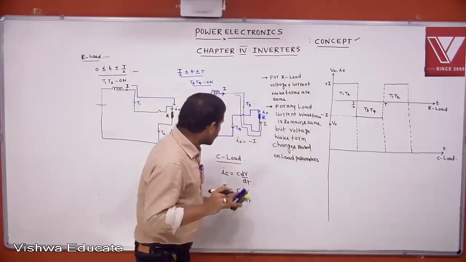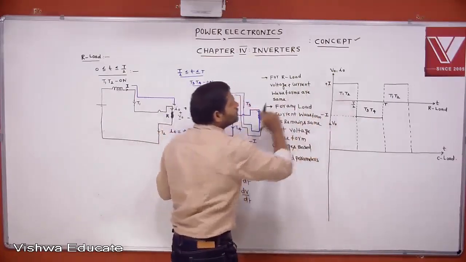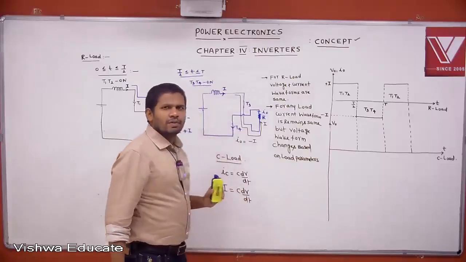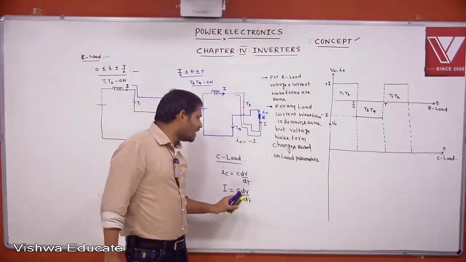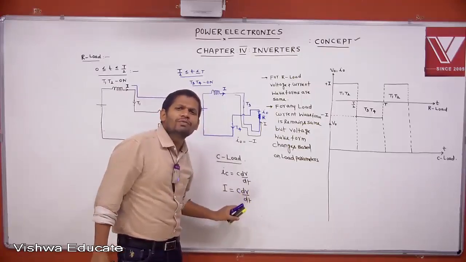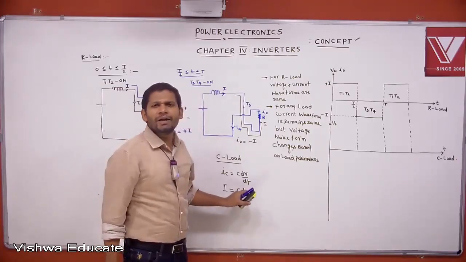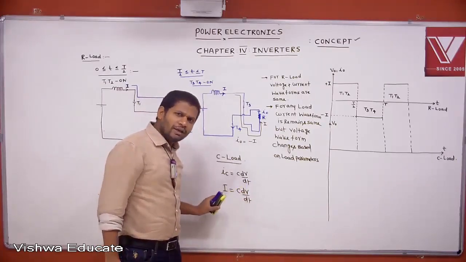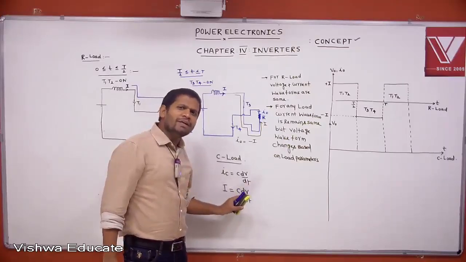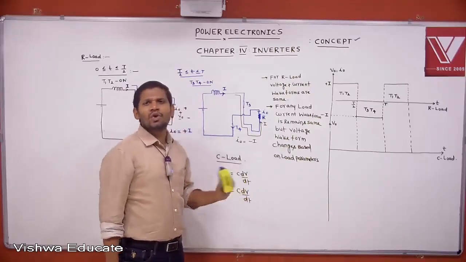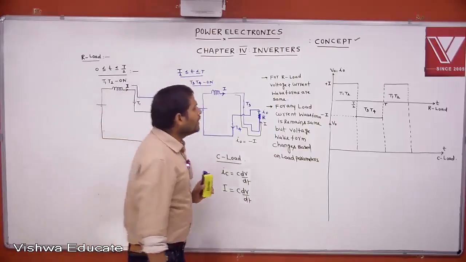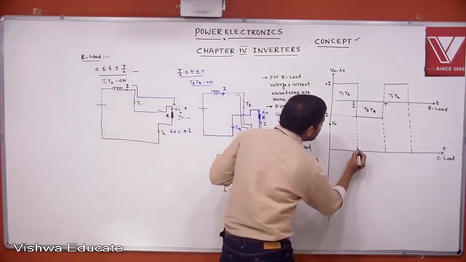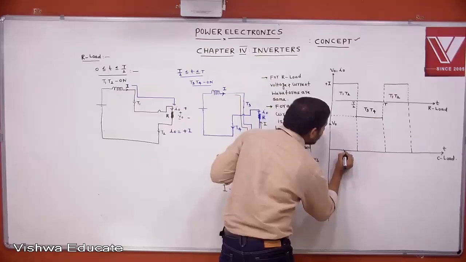From 0 to T by 2, current is positive. Capacitance is always positive, so dV by dt is positive, and then only current is positive. dV by dt positive means rising slope or falling slope? Rising slope.